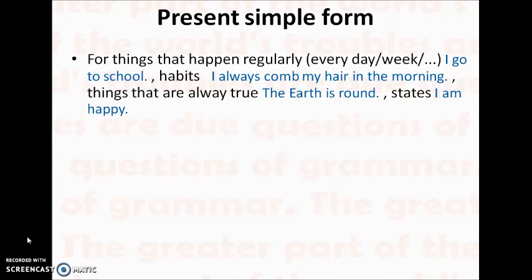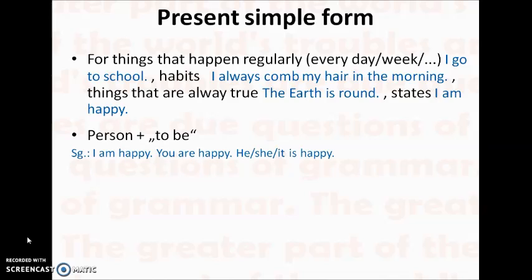In present simple tense, we use the verb to be, like in I am happy, you are happy, he, she, it is happy, we are happy, you are happy, they are happy.